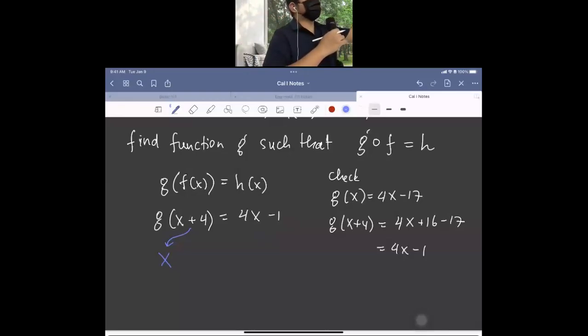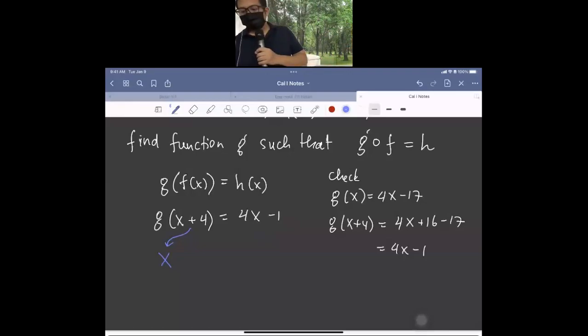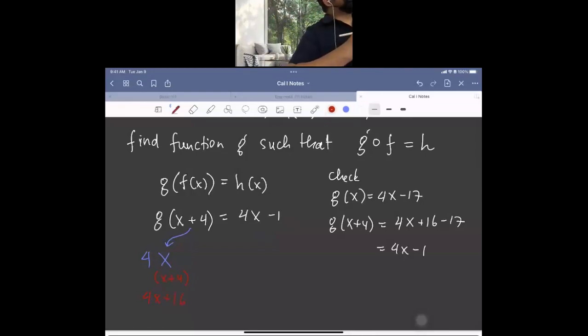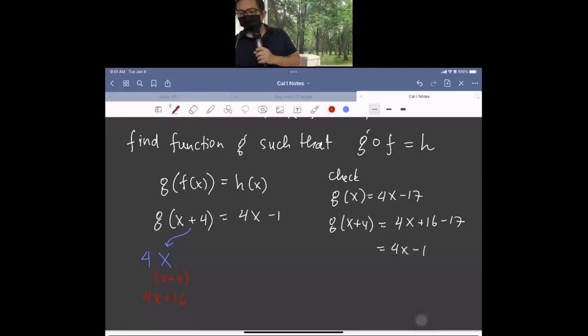But what we want is 4x minus 1, so we need to multiply by 4, right? If we imagine this is x plus 4 and we multiply, it results in 4x plus 16. Now 16 and negative 1, their gap is negative 17. So that is what we are going to achieve, and we need to have negative 17.